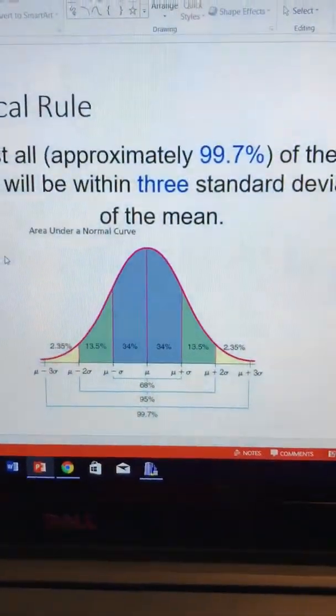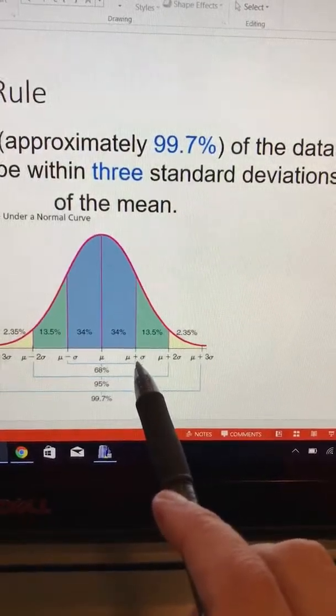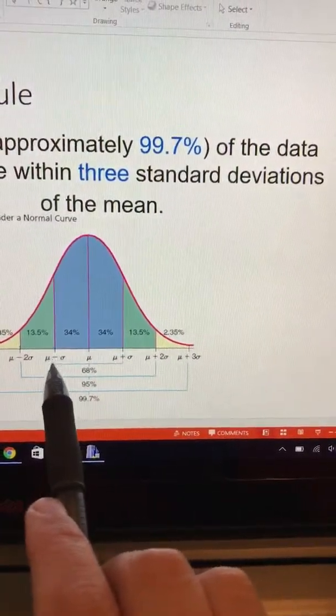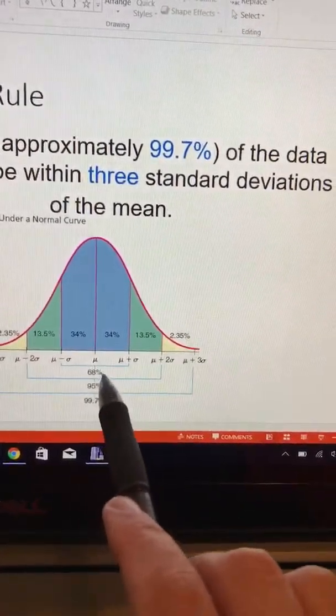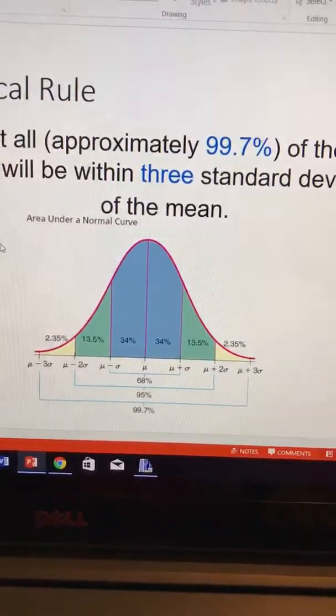The picture shows your mean in the middle, then plus 1, plus 2, plus 3 standard deviations, and the same going down. 68% is within 1, 95 within 2, and almost all of it's within 3.